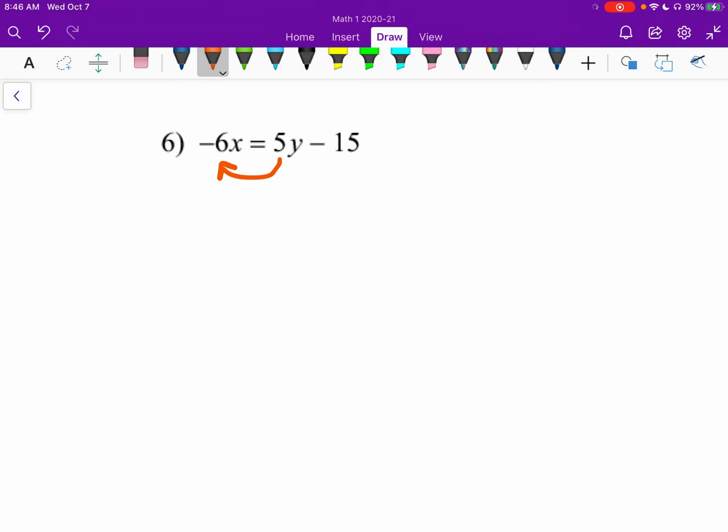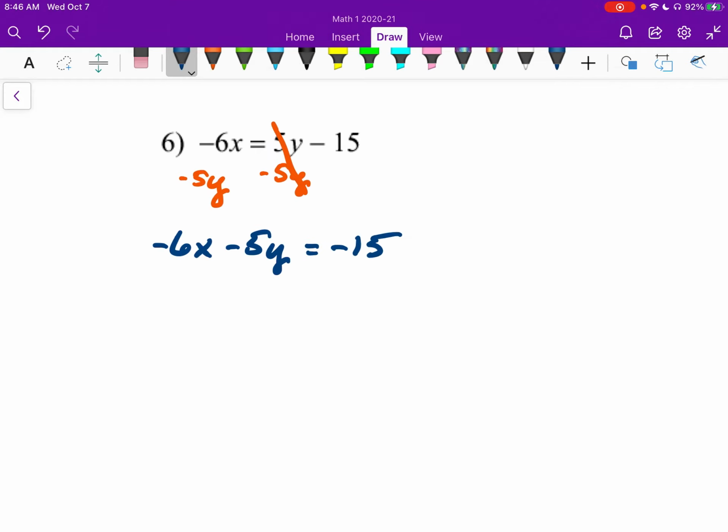So I'm going to subtract 5y from both sides. These cancel, and I get negative 6x minus 5y equals negative 15. This is in general form now. So I can just say, well, I want negative a over b. That's my slope.